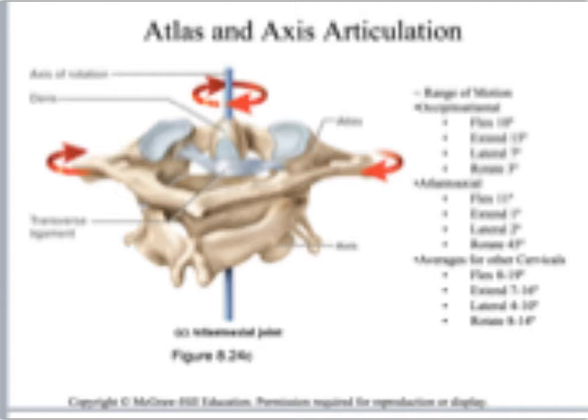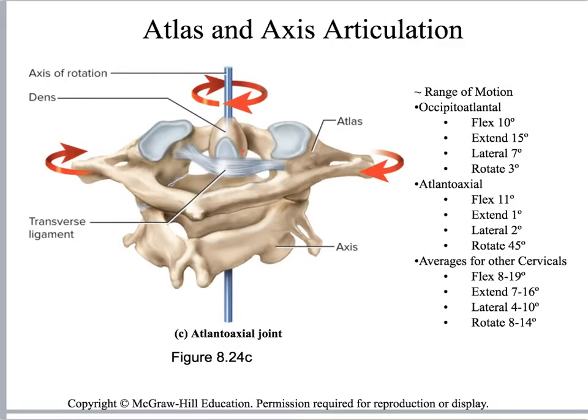And here we're looking at that rotation. So you can see here is the dens, okay? And you can see it kind of looks like the body came off of the atlas and attached down here. So that right here you can do a little bit of rotation, and then you got more rotation around the sides right here.